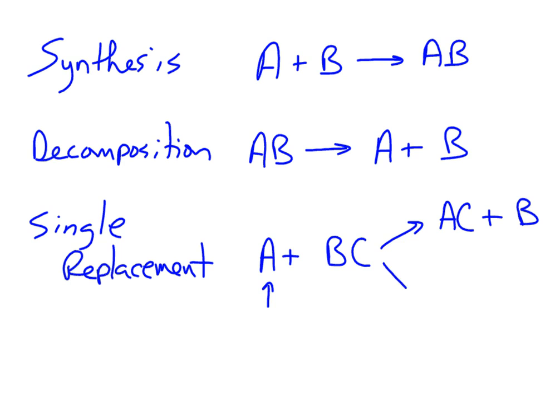If A were a nonmetal, then it would replace C, the anion part, and you would end up with BA plus C. So two different options for a single replacement reaction.